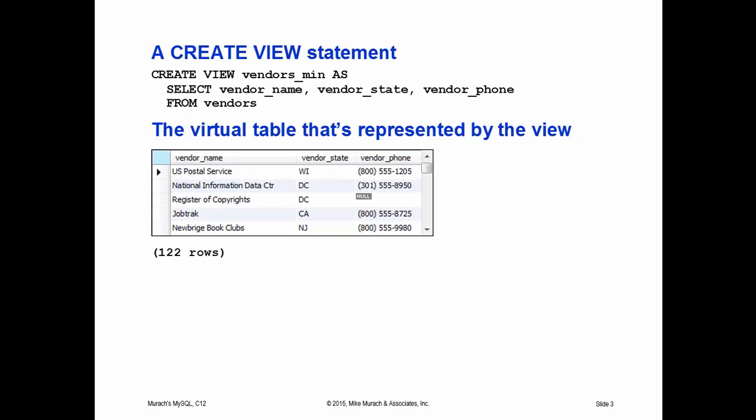So here we go. I just showed you that this is how you use the create view statement. So now instead of typing select vendor name, comma, vendor state, comma, vendor phone from vendors, now you can just say select star from vendors underscore min.